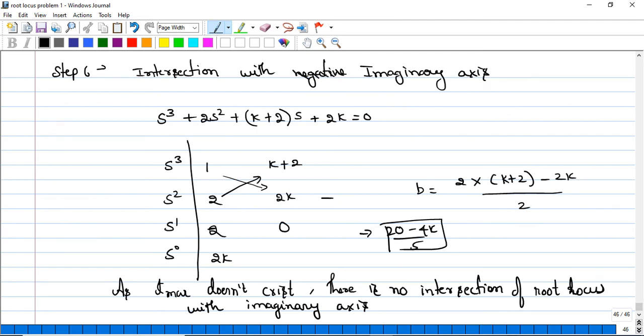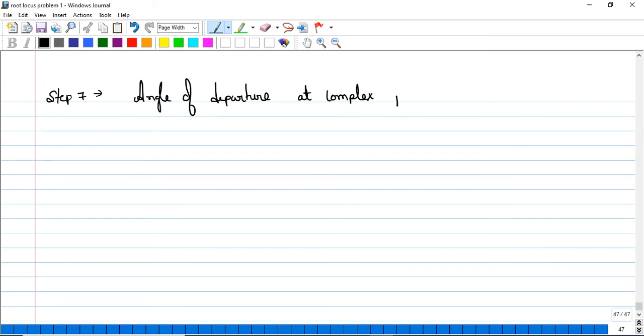And step number 7, so step number 7 is about angle of departure at a complex pole. Students, you should understand, in case we have a complex zero, that will be angle of arrival. So we have a complex pole in the denominator, so we call it angle of departure, and we have a formula for that.